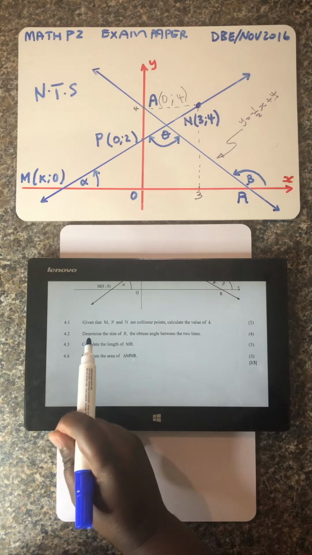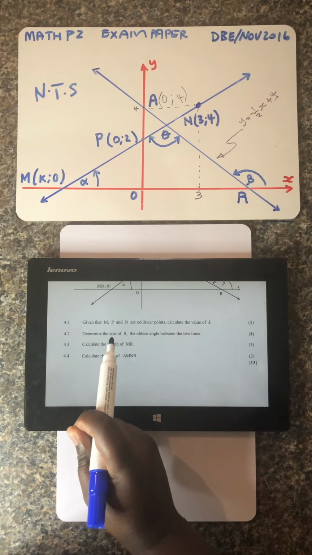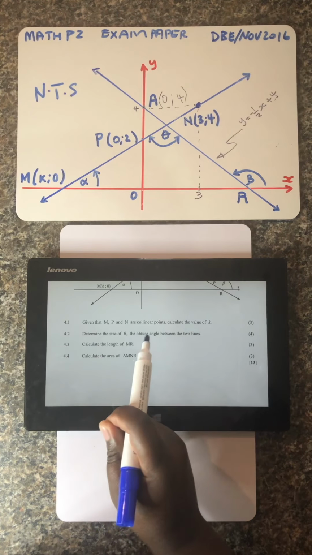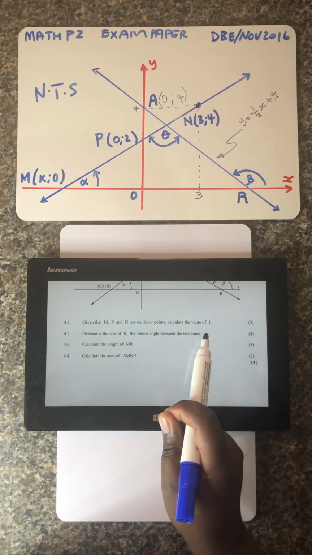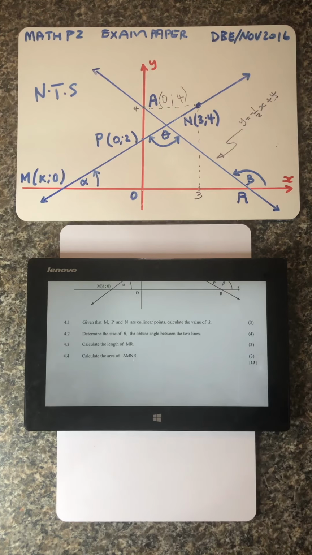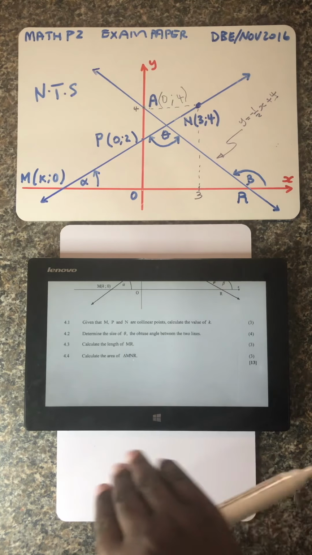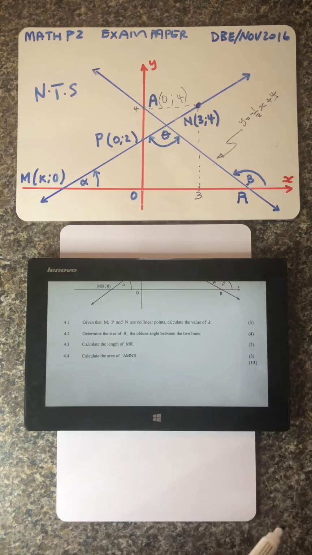The question says, given that M, P, and N are collinear points, calculate the value of K. So guys, please be aware that when you talk of points which are collinear, it means they are actually falling along the same line.